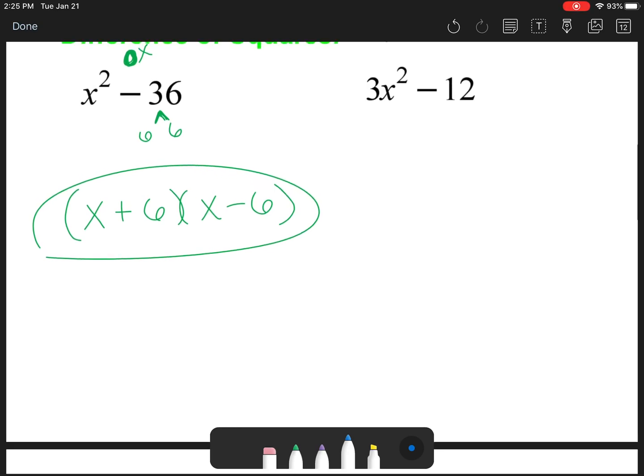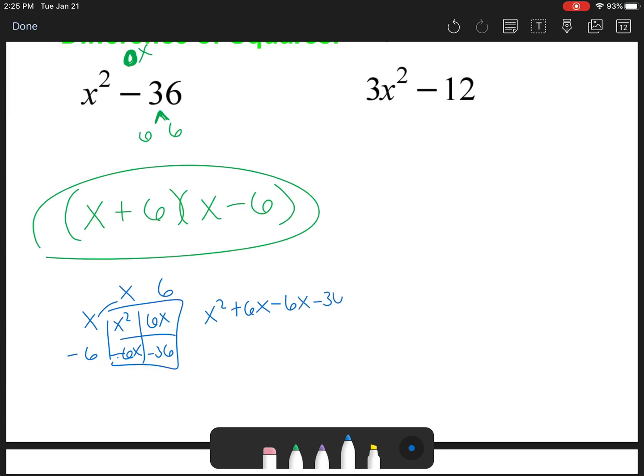And really fast we can check this just so you can see how this is working out, right? And again, you could have used your box method for this, but it's just faster once you recognize the pattern. x times x would be x squared, x times negative 6 would be negative 6x, 6 times x would be 6x, 6 times negative 6 would be negative 36. Everything from my box is x squared plus 6x minus 6x minus 36.